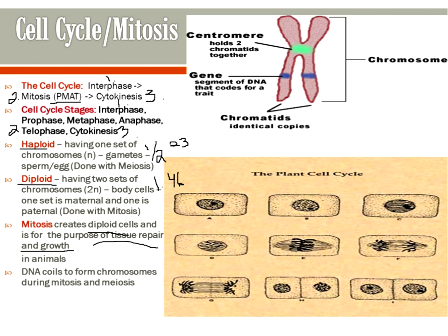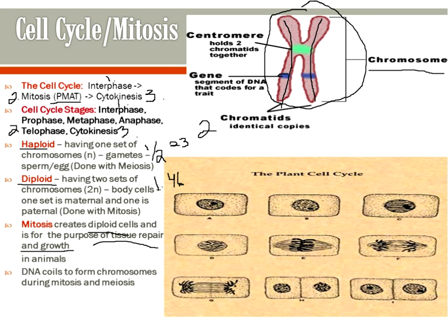And here, up top, is what a chromosome looks like. So this X-shaped structure is a chromosome. Some other vocabulary, though: if you were to look at each half, this is a chromatid. This is also a chromatid. So each chromosome is 2 chromatids.